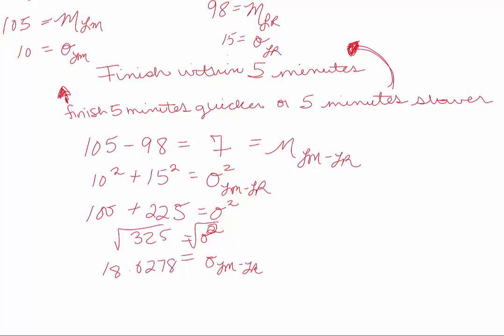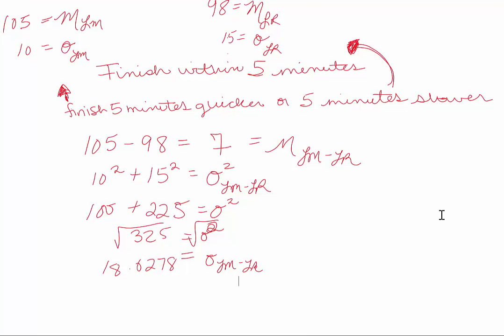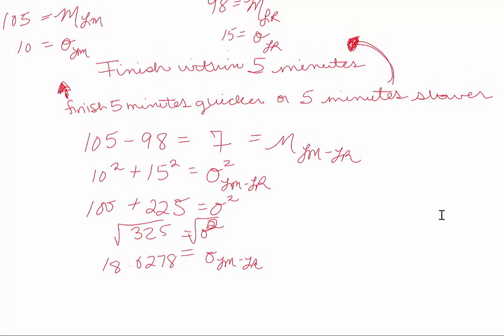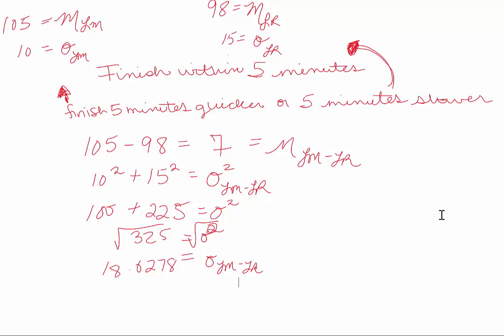Starting point number two is basically trying to figure out the z-scores. So when we think about these two numbers, we're trying to figure out our z-score if they finish where, let's say, Lamar finishes 5 minutes quicker.